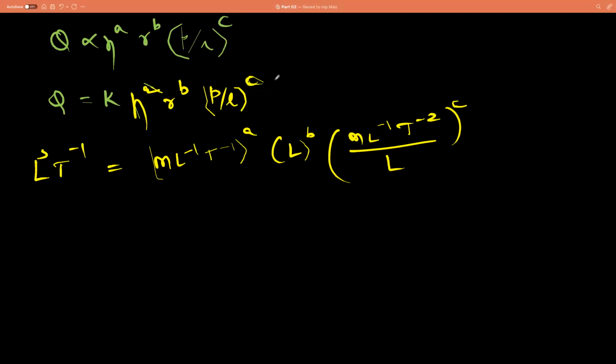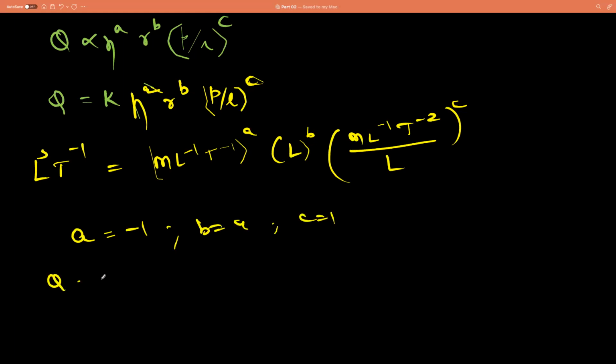On calculating all these values, you will get A is equal to minus 1, B is equal to 4, and C is equal to 1.